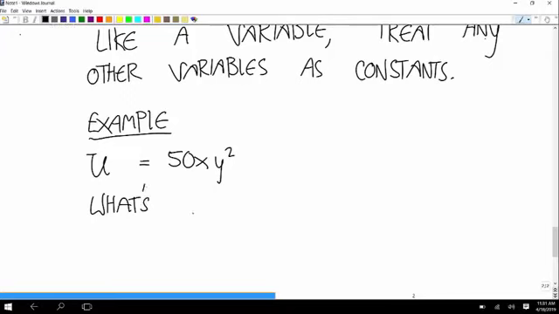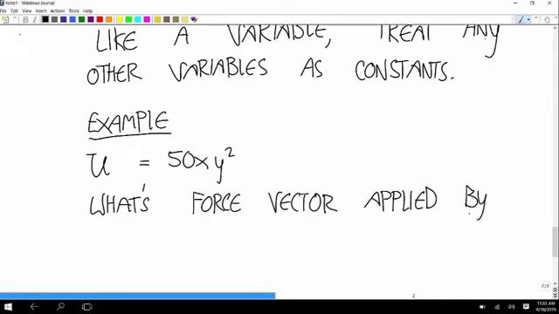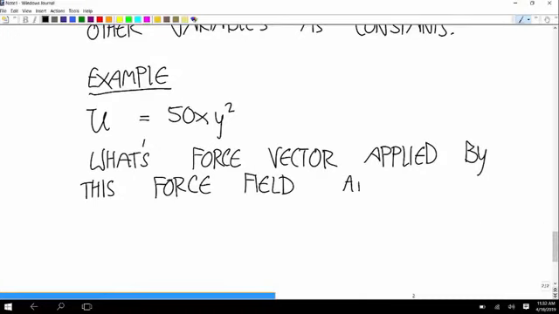What's the force vector applied by this force field at the position, let's say 2 meters in the x direction, 3 meters in the y direction?